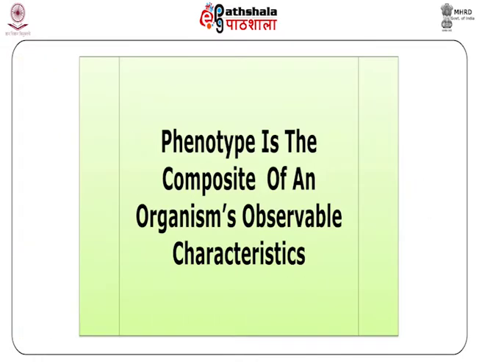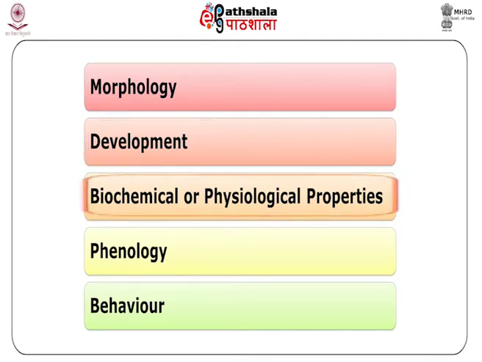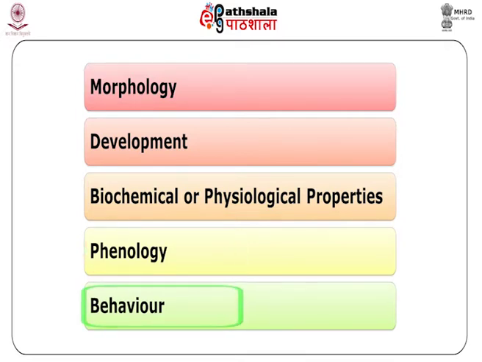A phenotype, from Greek phainein meaning to show and typos meaning type, is the composite of an organism's observable characteristics or traits, such as its morphology, development, biochemical or physiological properties, phenology, behavior, and products of behavior, such as a bird's nest.